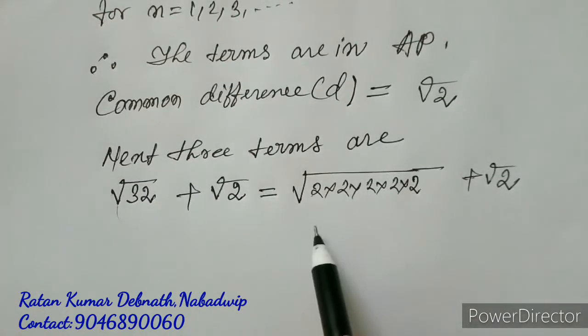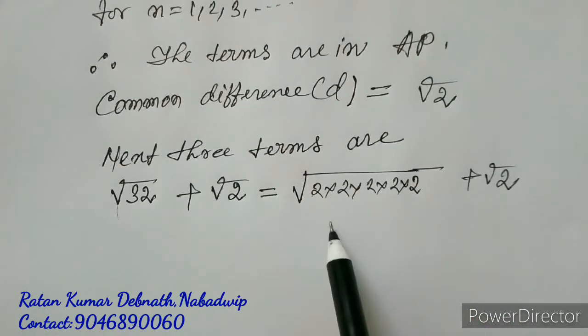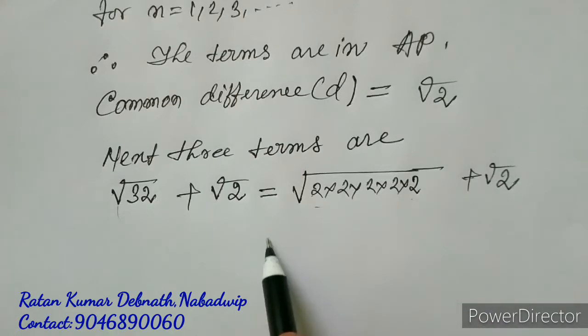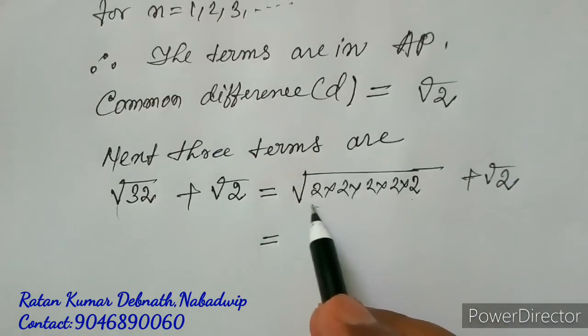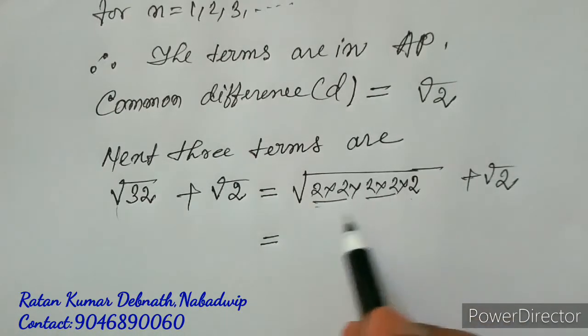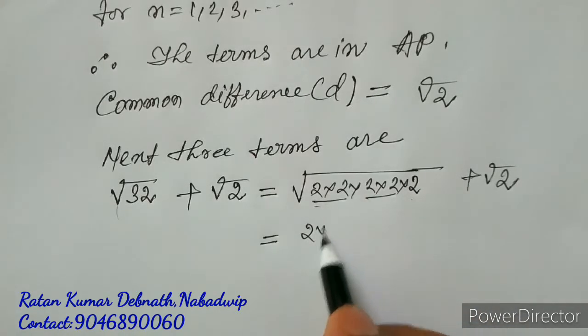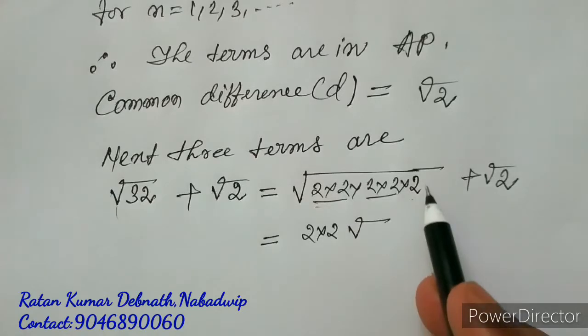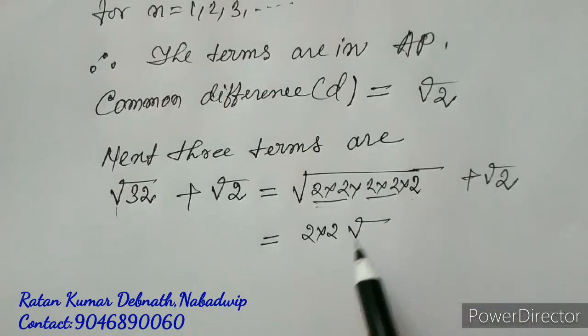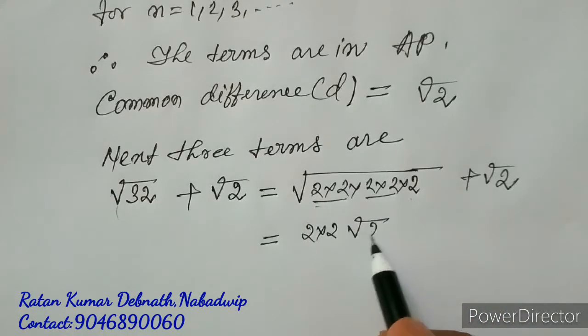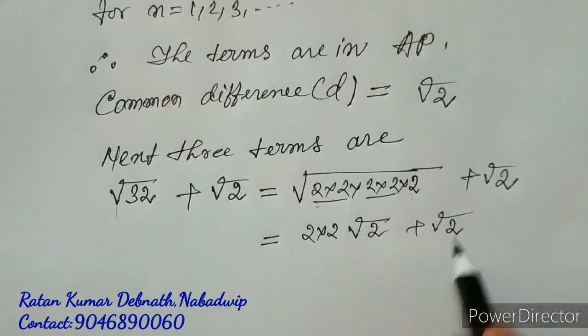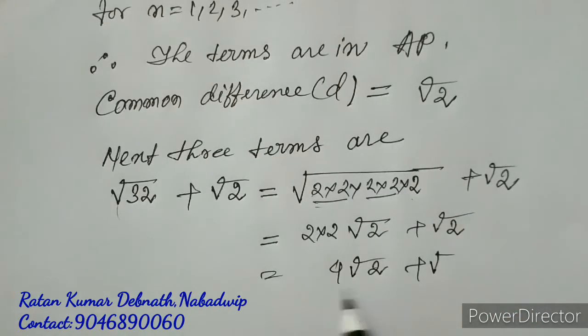If you factorize 32, you will get 5 2's. Now this pair and this pair we can take out 2 into 2, and a single 2 will be within the root symbol. 2 plus root 2, that is 4 root 2 plus root 2 equals 5 root 2.